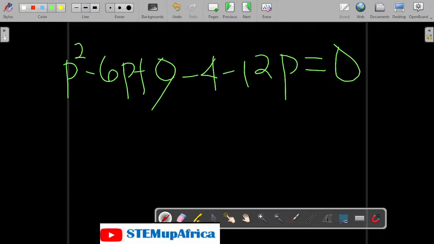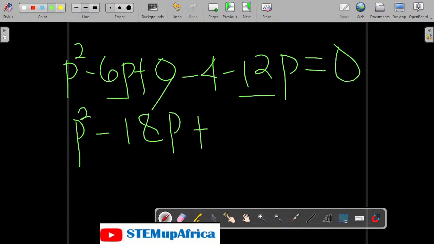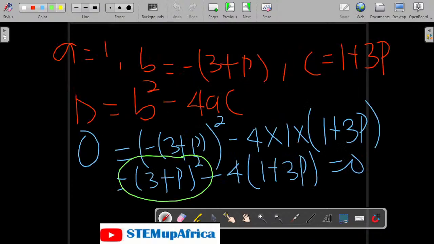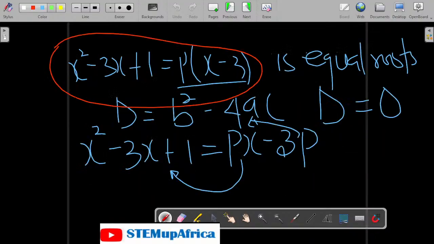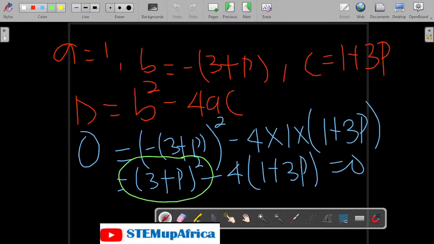So if I rearrange by adding like terms, I'm going to have p squared minus 6p plus 5 is equal to 0. That is what we are left with.